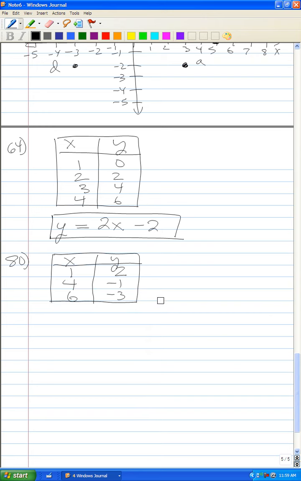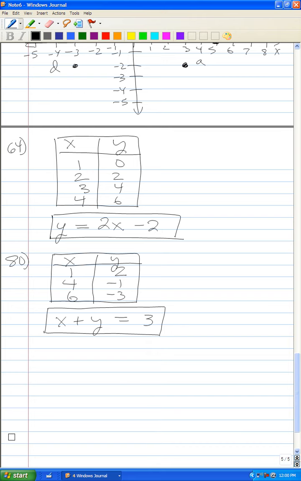So what you notice is that if you just add x and y, 1 plus 2 is 3. 4 minus 1 is 3. 6 minus 3 is 3. So the relationship between x and y is just x plus y is equal to 3.